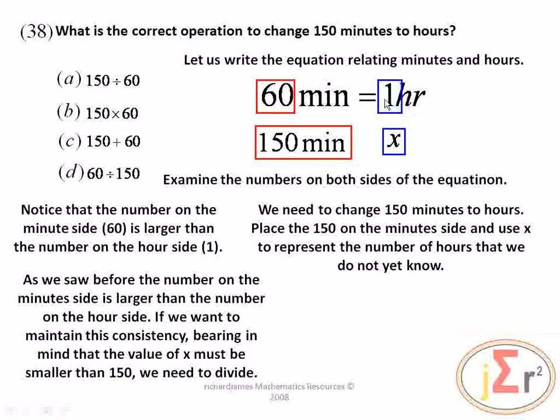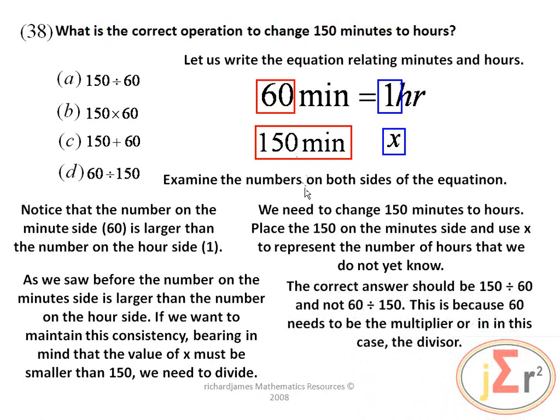See, 1 is very much smaller than 60. So if we have minutes here and we are converting it to hours, the numbers that we are going to get on this side has to be smaller. Therefore, we will get smaller by multiplying. No, we'll get smaller by dividing by 60.